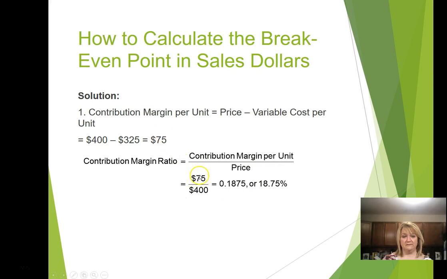So $75 divided by $400 equals 0.1875, or 18.75%. The contribution margin ratio comes out cleanly to 4 decimal places. Don't round it, and your break-even point in sales dollars will yield an operating income of 0 rather than being a few dollars off due to rounding.